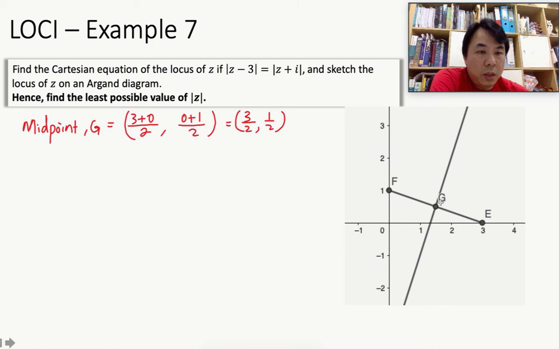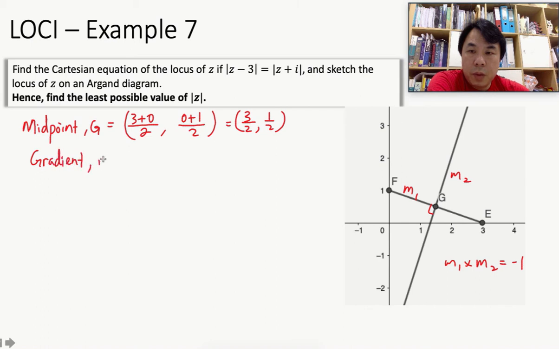And then next, I know that this is a perpendicular bisector. Therefore, the gradients M1 and M2 must satisfy this relation. So I'm going to work out the gradient M1, which is quite obvious.